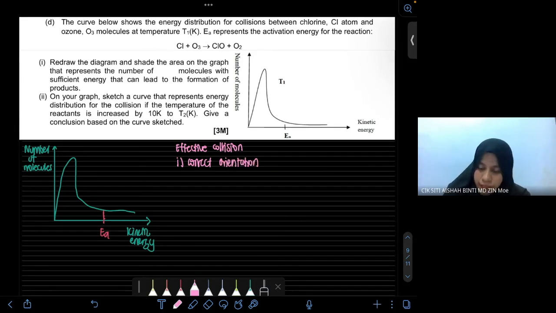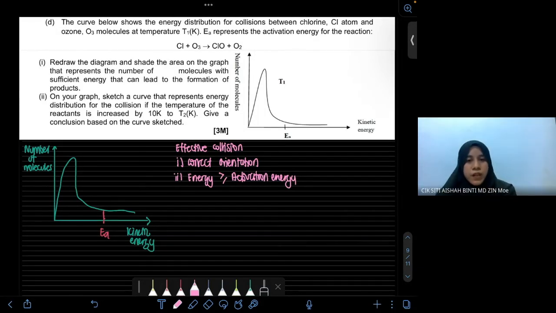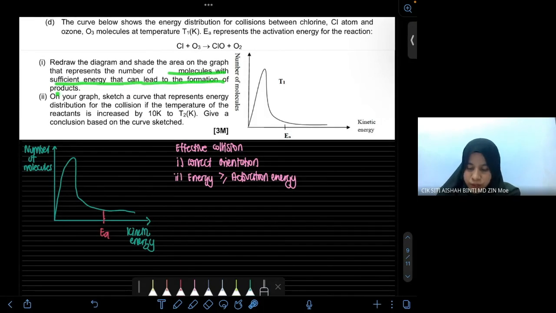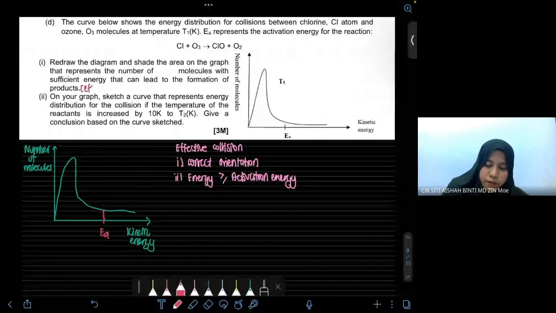The second one is that your energy, your kinetic energy, must be greater than or equal to your activation energy. Right? So the number of molecules with sufficient energy that can lead to the formation of product means effective collision.